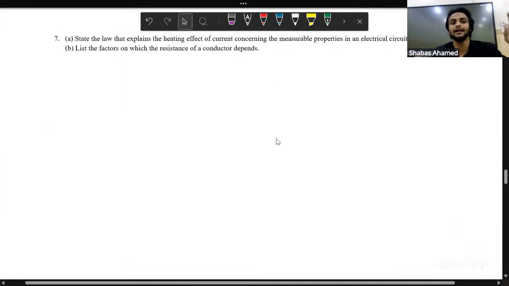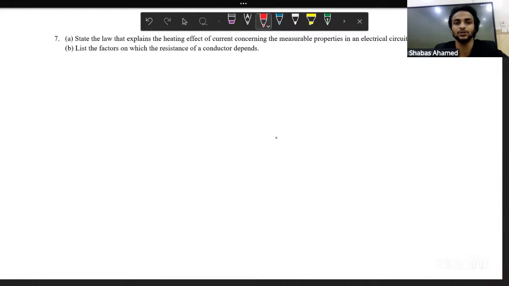State the law that explains the heating effect of electric current. Which is that law? Joule's law.